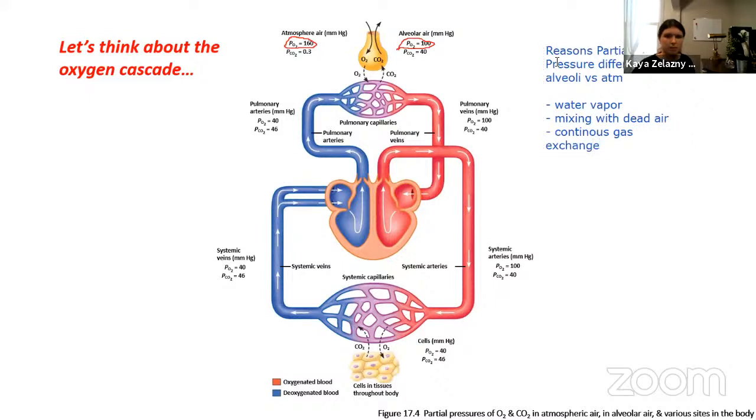And this is important because I'm going to circle another set of numbers here. The blood coming into the lungs has a much lower partial pressure of oxygen. We have a partial pressure of oxygen of 40 coming into the capillaries surrounding the alveoli. So the whole time we're going to be having continuous gas exchange, continuously moving some oxygen towards this low partial pressure of oxygen.